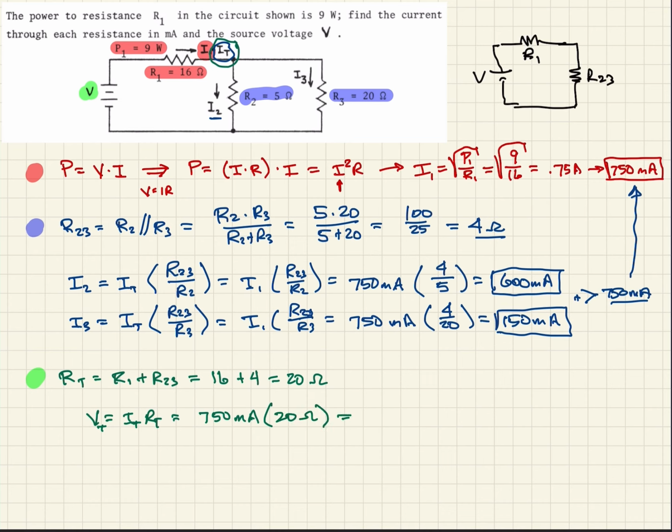When we multiply that out in the calculator, we should get 15 volts. So that's the value of the source voltage. So there, we've solved for everything. We have all the currents: I1, I2, I3, and then when they ask us to solve for the voltage, we have that here.